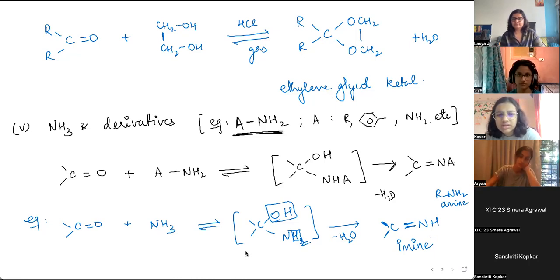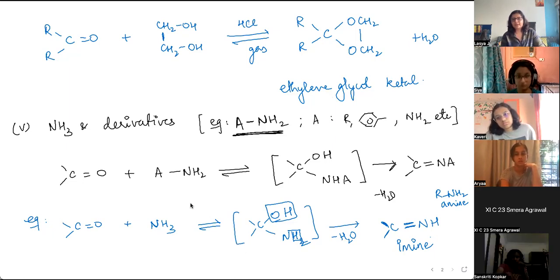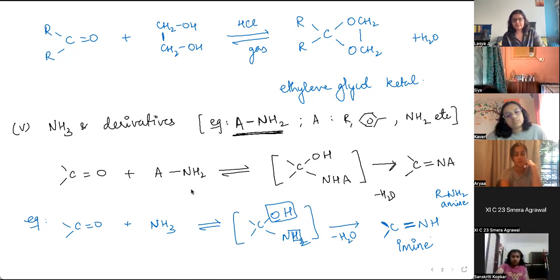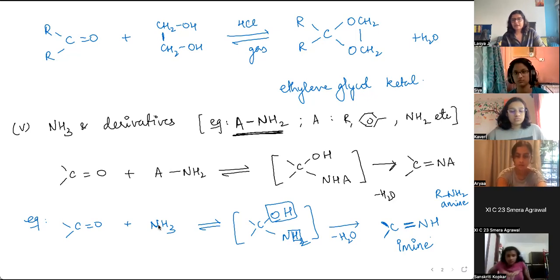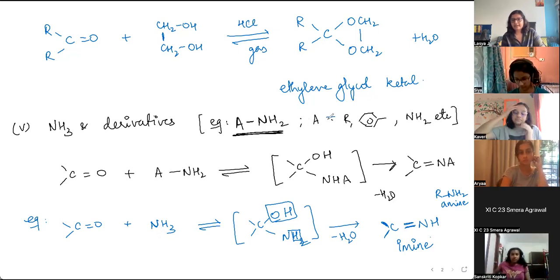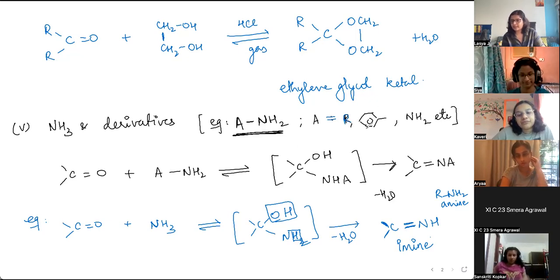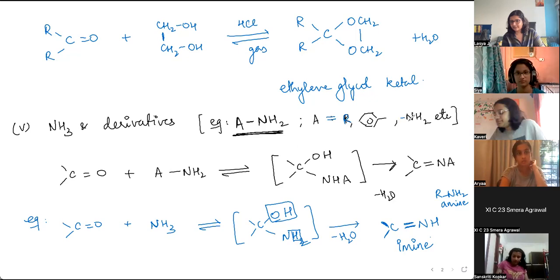What is that example after ANH2? This is one case. Like if A was hydrogen, then this becomes ammonia, NH3. No, after A in the next to derivatives. Oh, where A can be an alkyl group, can be an aryl group, it can be another NH2 group.